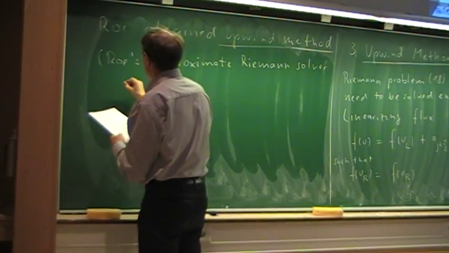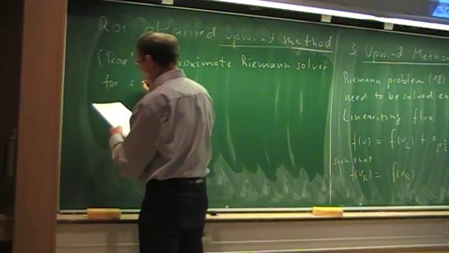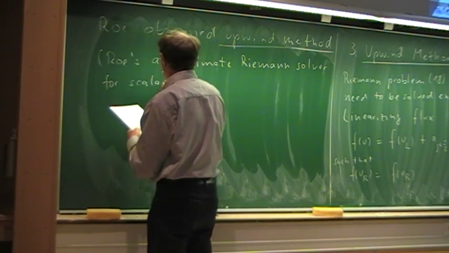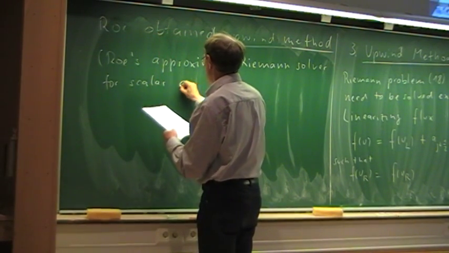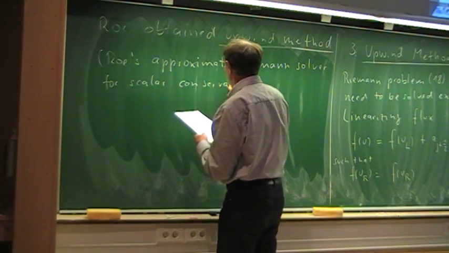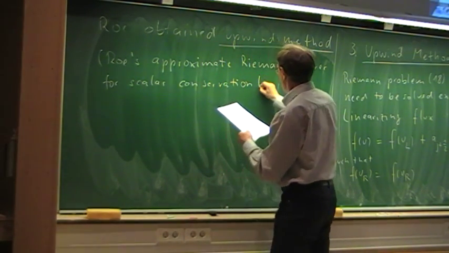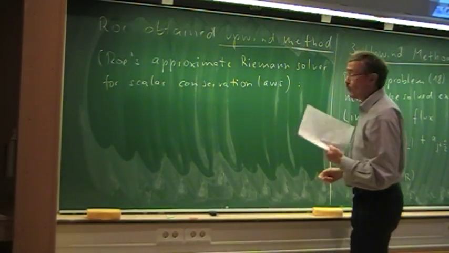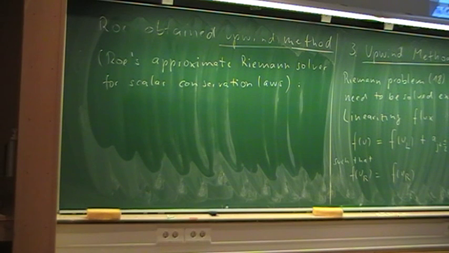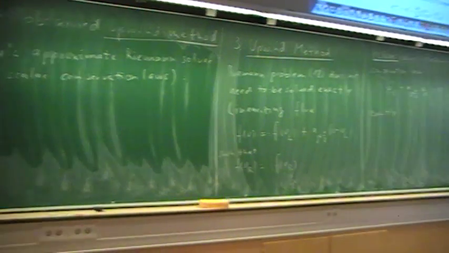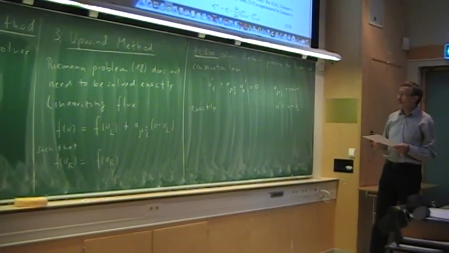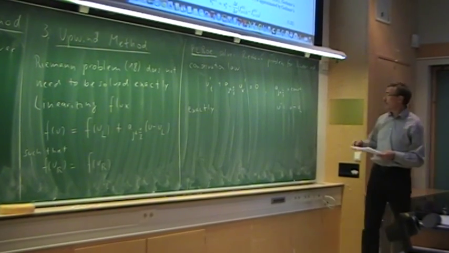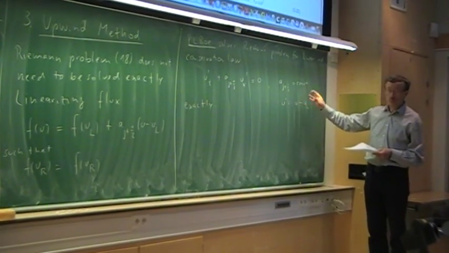For scalar conservation laws, that is then the following. It is now decided by the sign of this aj plus 1/2 whether we get the value to the left.